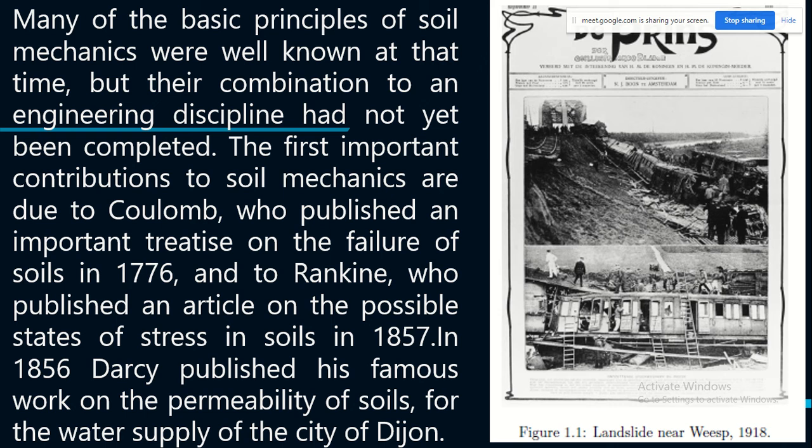Rankine published articles on the possible states of stress in soils in 1857. In 1857, Darcy published his famous work on permeability of soils for the water supply of the city of Dijon.